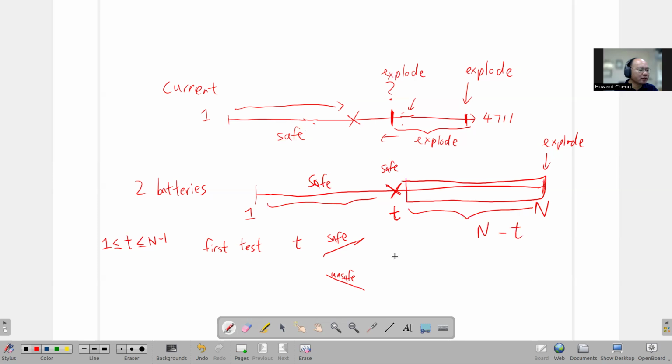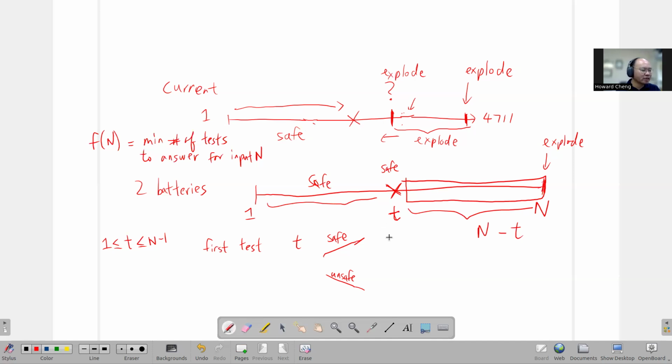Right? I got rid of T values, so before I have N minus 1 values, well, if I count the N as well. So if I have a function f of N, it's the minimum number of tests to answer for input N, where I know that N is guaranteed to explode, but I don't know anything else before that.